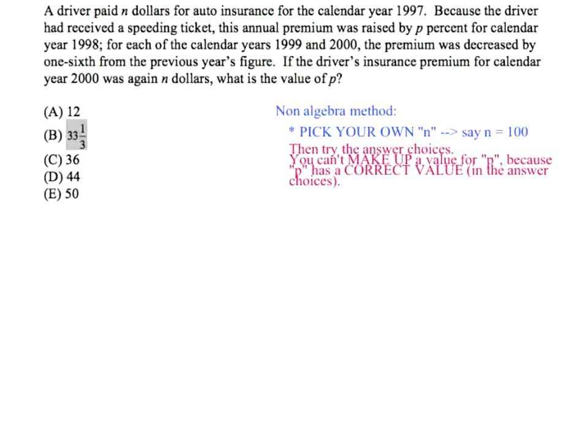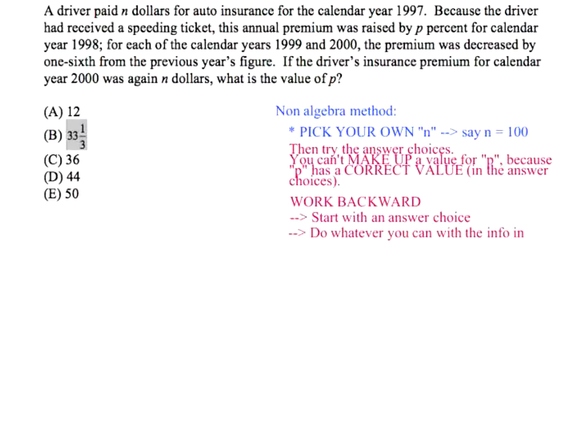So you work backward from the answer choices. In other words, instead of starting with the problem and ending with an answer choice, you start with an answer choice. You just do whatever you can do with the information in the problem, and then if everything is consistent with everything else, then you're good.